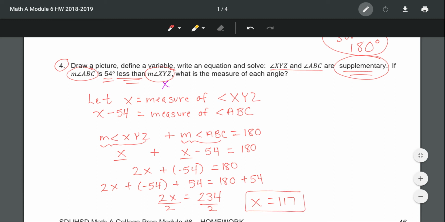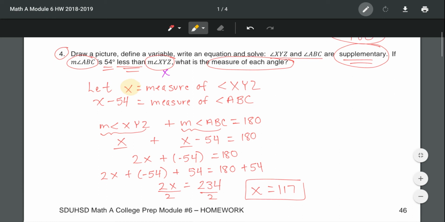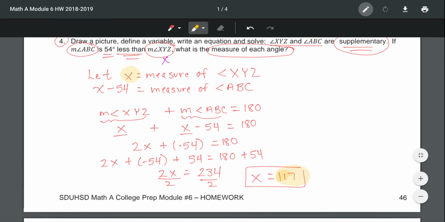So that's just the value of x, but we're asked to figure out the measure of each of the angles. So since we defined x as the measure of XYZ, and if x equals 117, that means the measure of angle XYZ is 117 degrees.